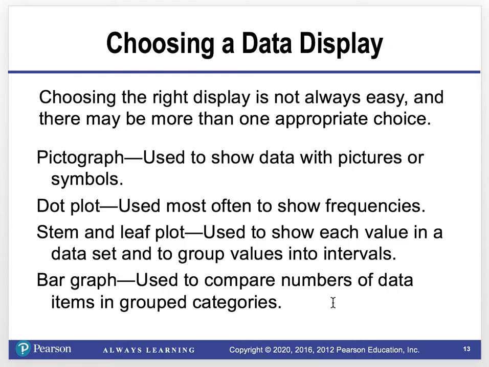A bar graph is used to compare numbers of data items in grouped categories. Keep in mind the difference between a bar graph and a histogram. A histogram is a type of bar graph, right? But with a histogram, we have to have numerical data. A bar graph can compare categories. That's not numbers, right?